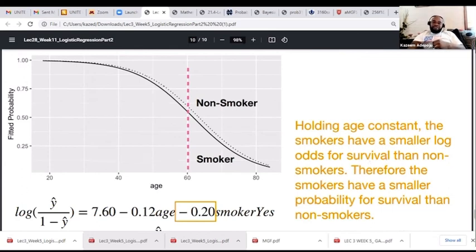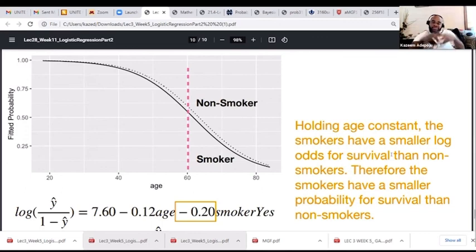I'm going to say that again. Holding age constant, provided your age is being held constant, then the smokers actually have a smaller log odds for survival than non-smokers.